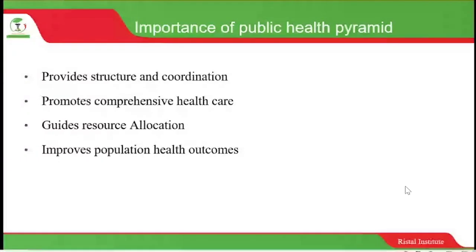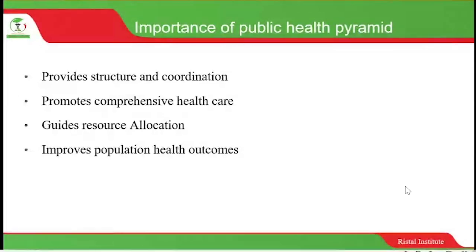It provides comprehensive health care, guides resource allocation, and also improves population health outcomes. So when you see this public health pyramid, it is not just a diagram, but a framework that organizes health services from system level infrastructure to individual care.